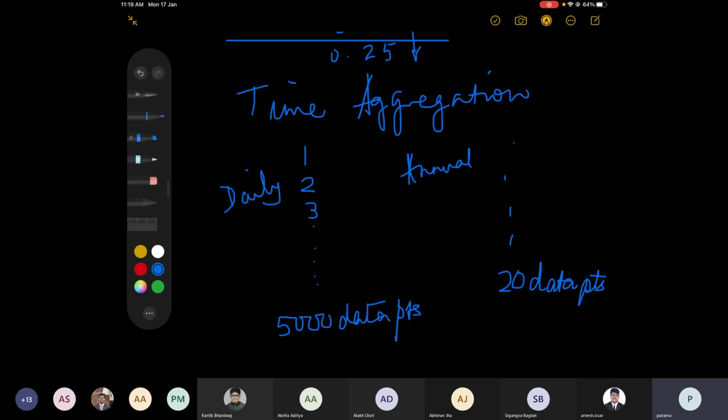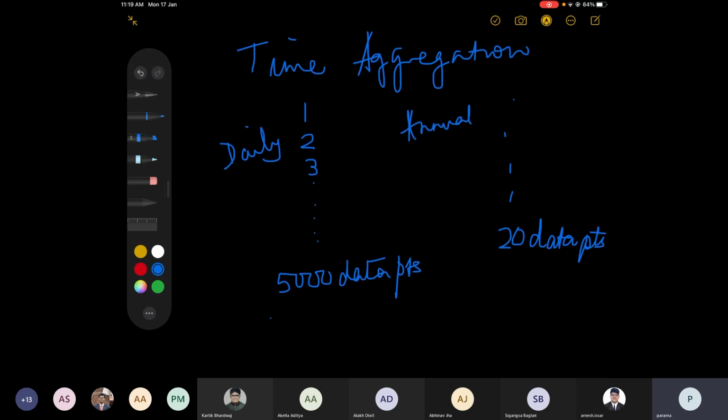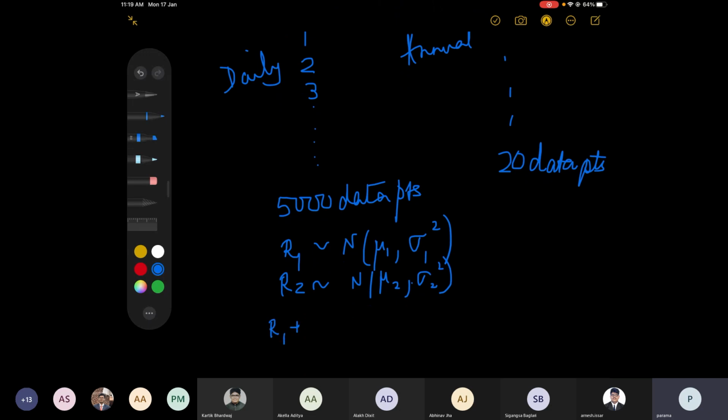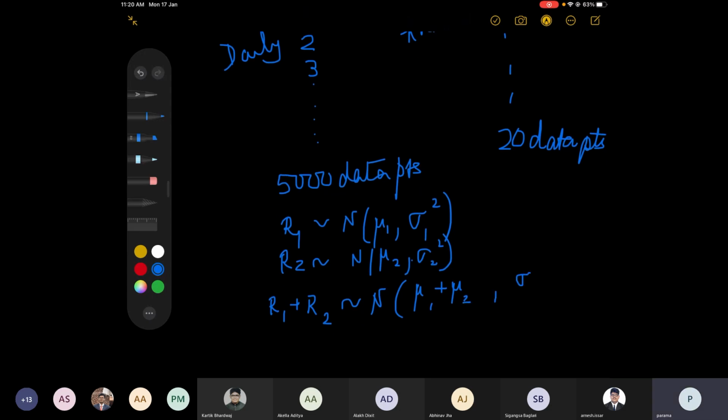Now, if I use a normal distribution we know, if say R1 follows a normal distribution with mu1 and sigma1 square, and R2 follows a normal distribution with mu2 and sigma2 square, then we know that normal distribution has this very nice property that R1 plus R2 will follow a normal distribution with mean mu1 plus mu2 and variance of sigma1 square plus sigma2 square if they are uncorrelated.